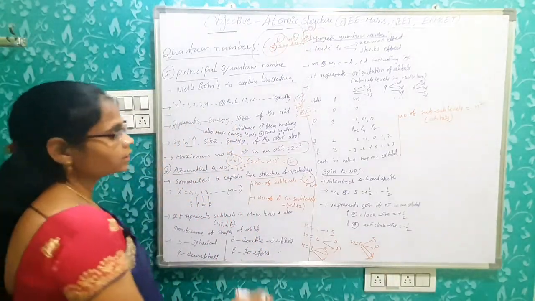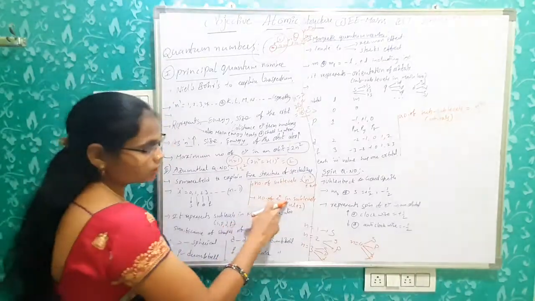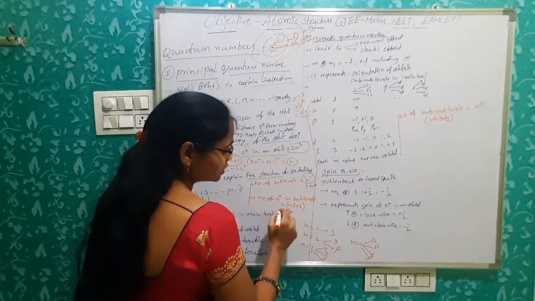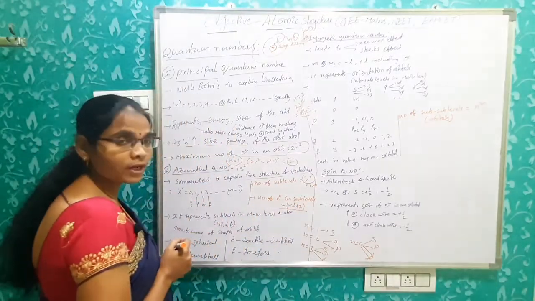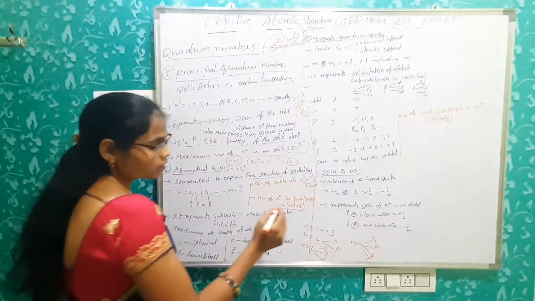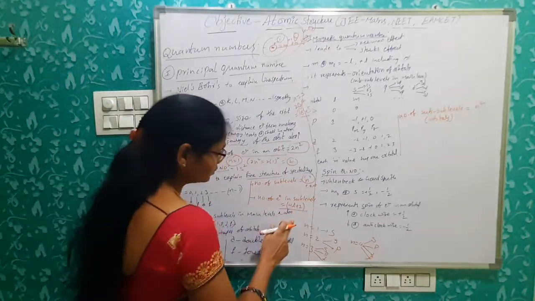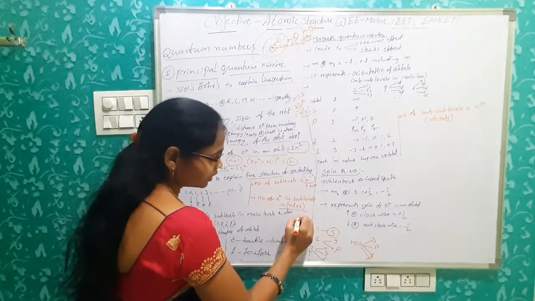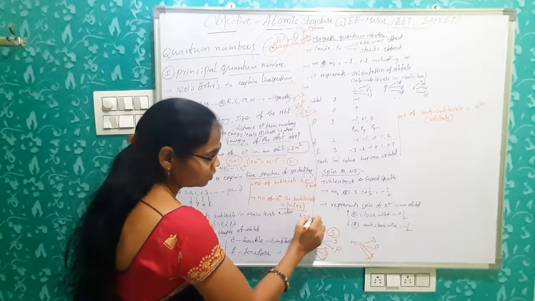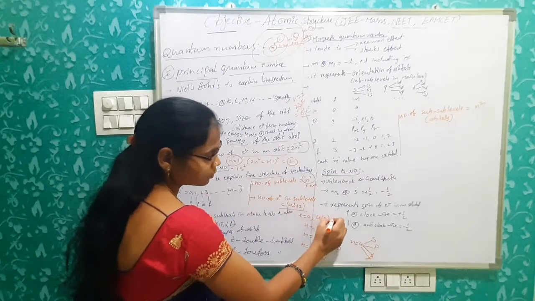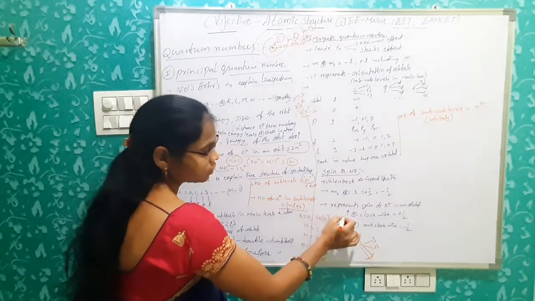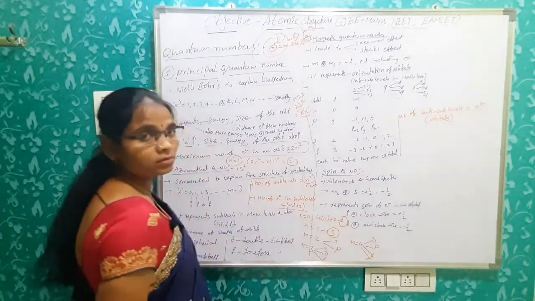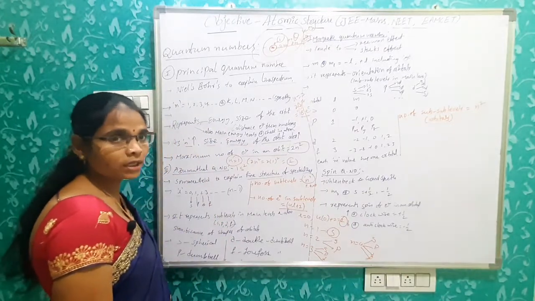Okay. Next, the number of electrons in a sublevel is 4l plus 2. For the s orbital, l equals 0, so 4 into 0 plus 2. How many electrons? 2. Every s orbital has 2 electrons only.